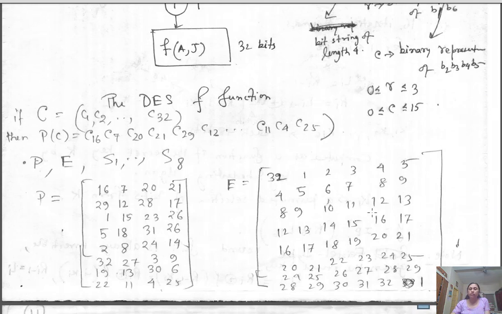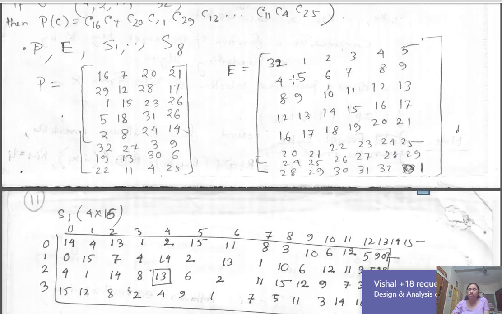You can see 1 2 3 4 5 is 32 1 2 3 4 5, then 4 5 repeats, then 4 5 6 7 8 9, then 8 9 repeats. So the first column and the second column are repetitions, and the first column and third column are repetitions.